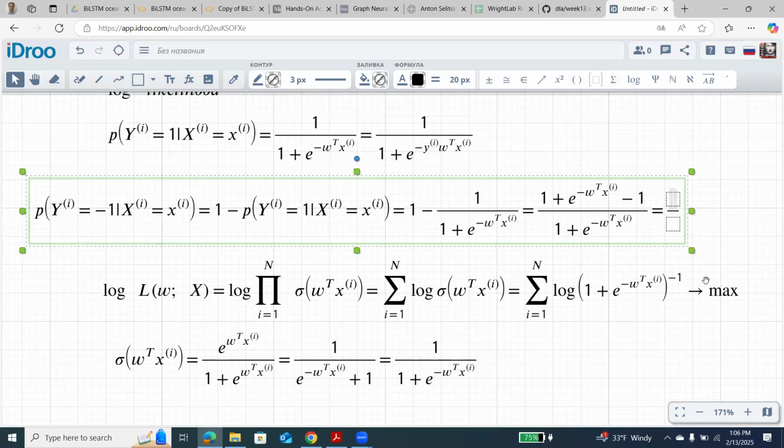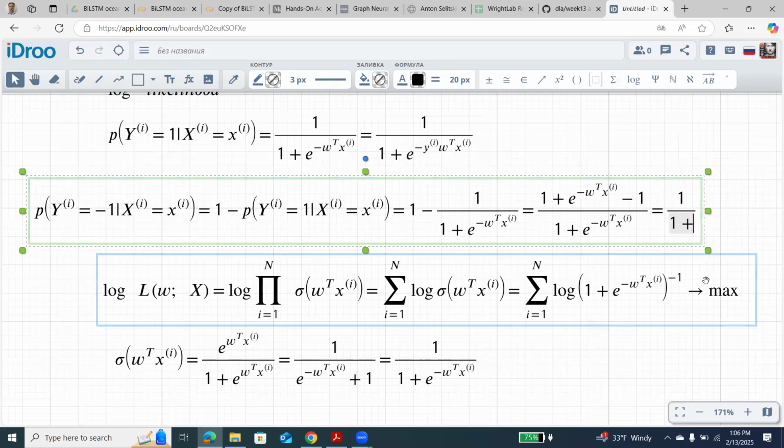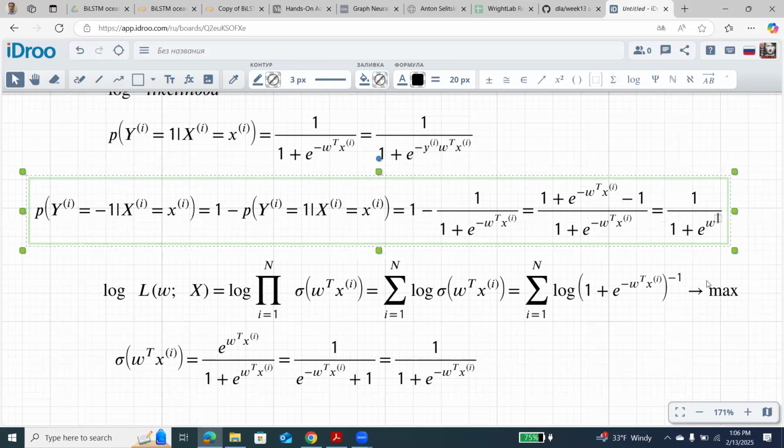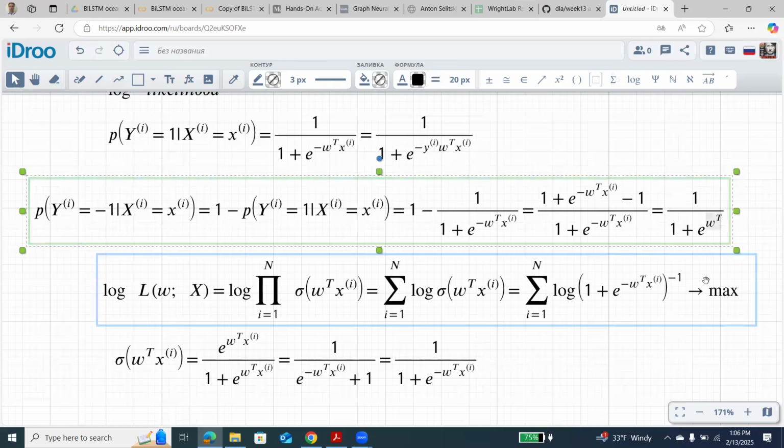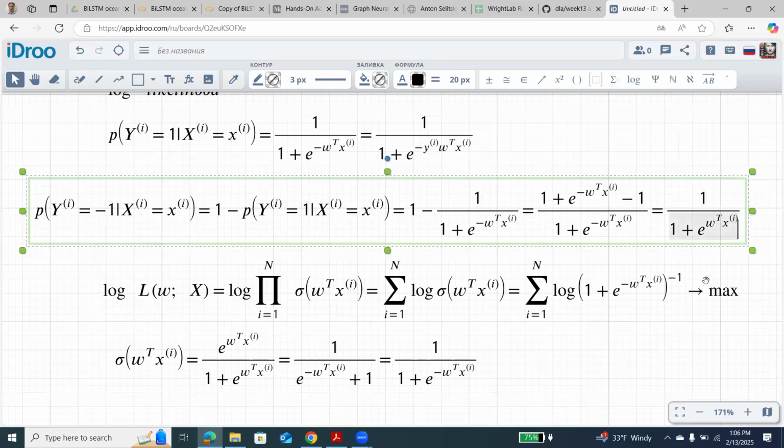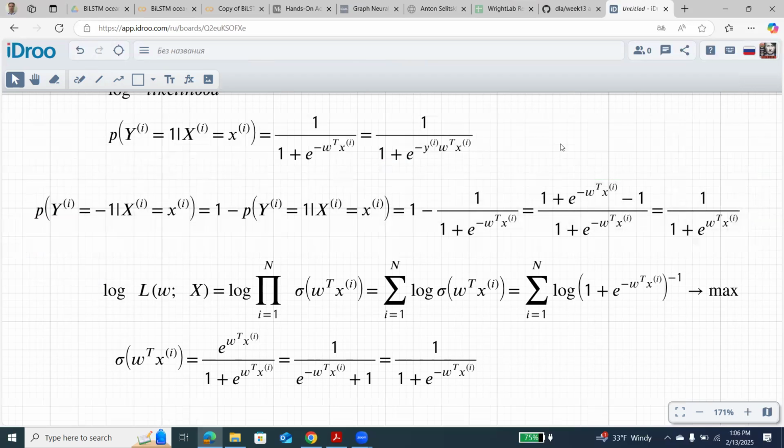So I will get 1 over 1 plus e to the power, positive power, w transposed xi. So do you have any questions about how I derived the formula for the probability of the negative class?